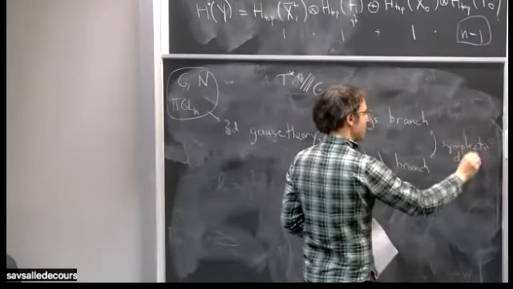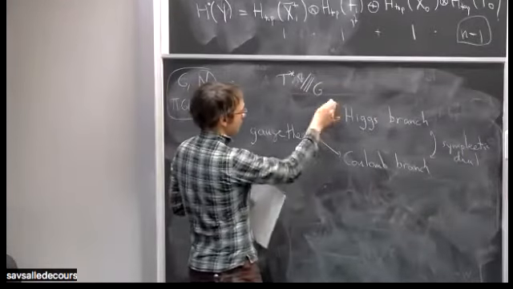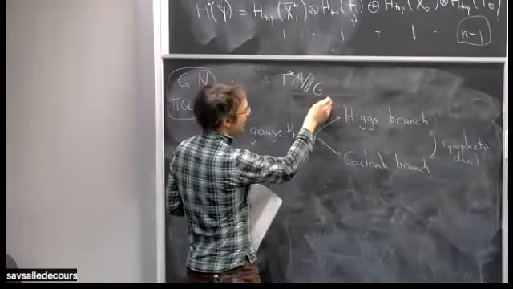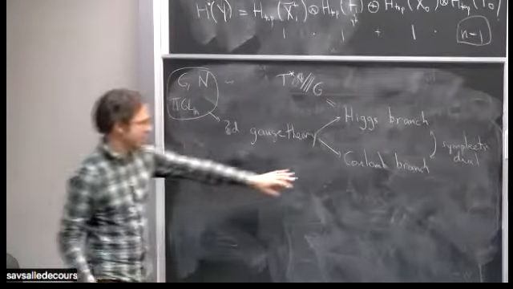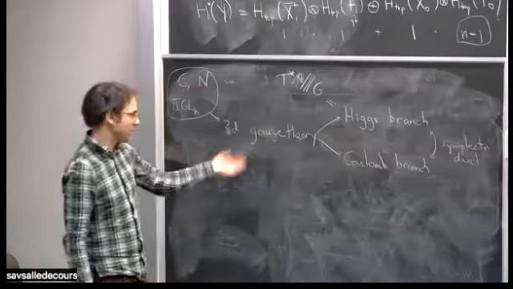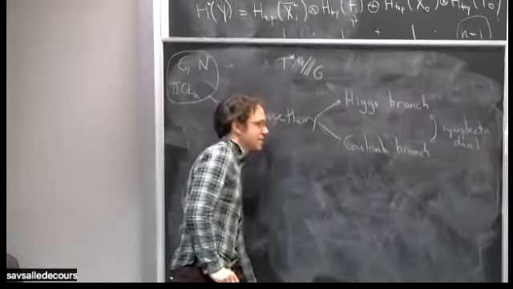So what are these two spaces? This Higgs branch is, by definition or theorem, this Hamiltonian reduction. And this Coulomb branch, the physicists had some ways of thinking about it, but there was no precise definition of this Coulomb branch until recently.